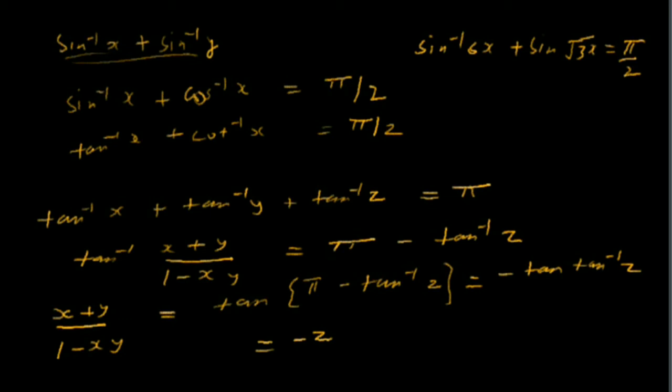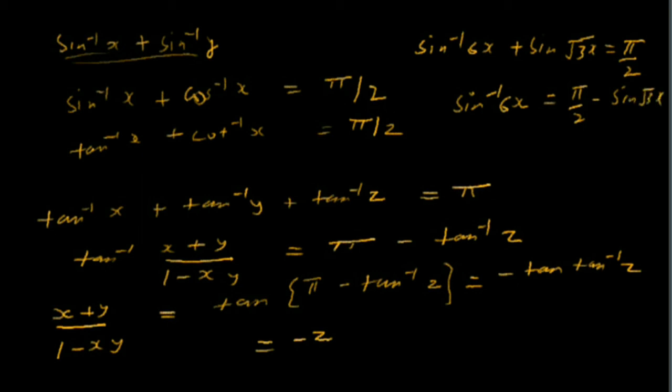I recommend taking one inverse to the other side and keeping one inverse at the LHS side. So it is going to be sine inverse 6x is equal to pi by 2 minus sine inverse root 3x.